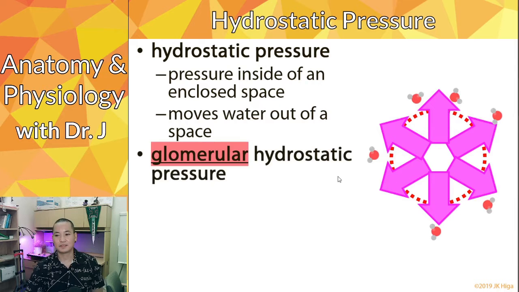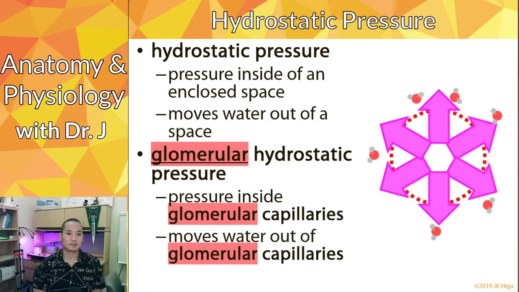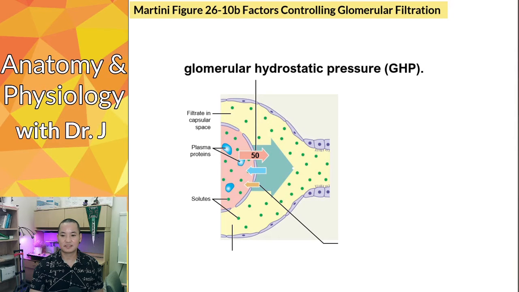When you have glomerular hydrostatic pressure, what is that doing? That's the pressure inside the glomerulus, and it's going to force water out from the glomerulus into the surrounding Bowman's capsule. And that's what we see in this first part right here. Here we have a cross section of the glomerulus, this little capillary, and the surrounding capsule. The glomerular hydrostatic pressure is the pressure inside here, forcing water and solutes out from the glomerulus.